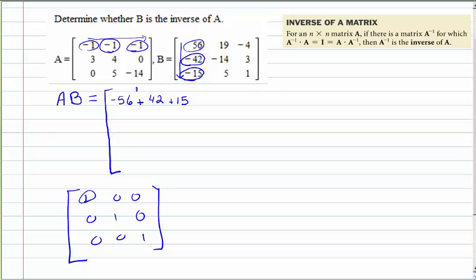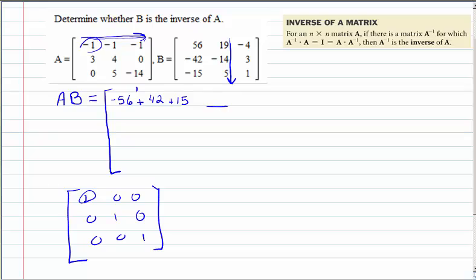So to get row 1, column 2, I'm going to use row 1 of the first matrix and go down column 2 of the second matrix. So I'm going to start with this negative 1 again, only this time I'm going to use column 2 because I'm trying to find the element here in column 2 of the product.